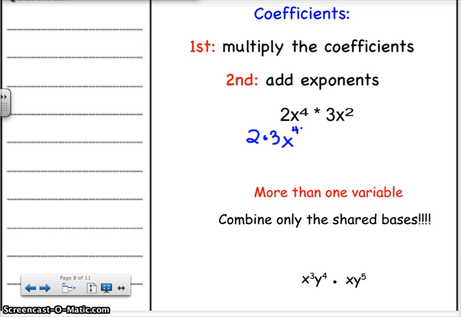X to the 4 plus 2. 6x to the 6. Now I don't ever show this when I do my math with powers. I go right to this step, but I want to show you how I got there. That's what you need to be able to reference with your notes is how did she get that answer. I multiplied the 2 and the 3, and then because they're the same base, I added the 4 and 2.